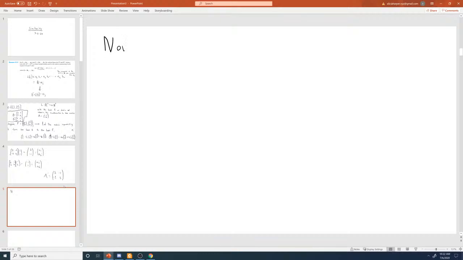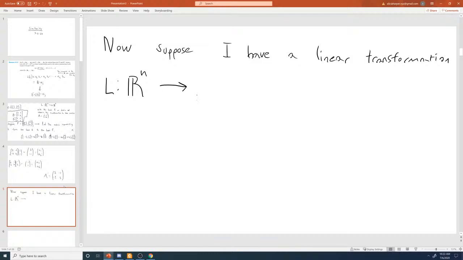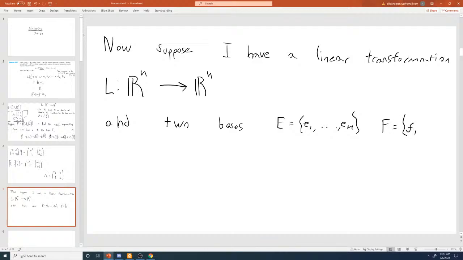Now, suppose I have a linear transformation L from Rn to Rn and two bases, E and F. So E1 through En and F1 through Fn.